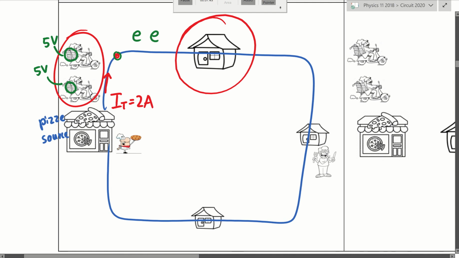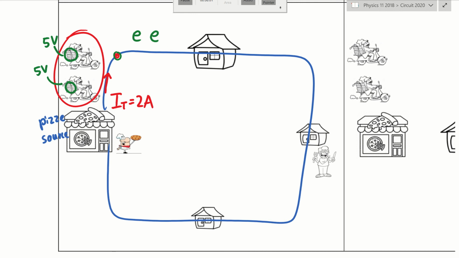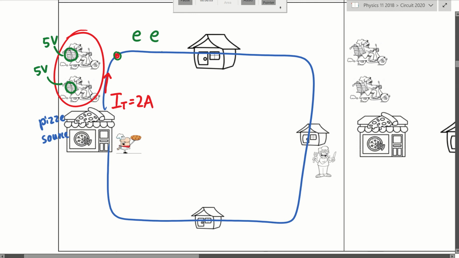I send out 2 people. Why would there be less than 2 people going to the first customer if there's only 1 row? It's not like they can split up, right? There's only 1 row. The electrons are only allowed to walk on there. So the amount of current going into the first house, I will call I1, must also be 2 amp. There must be 2 electrons going through the first house also.